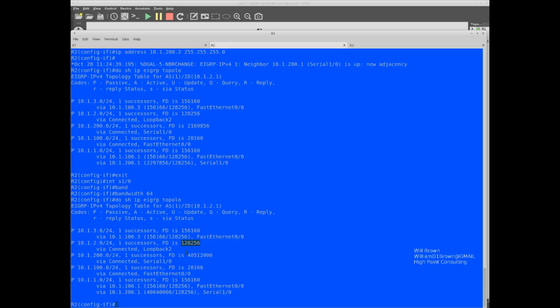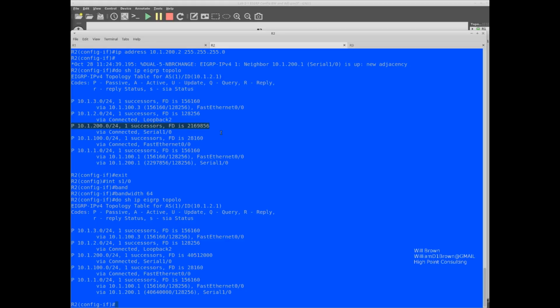So if we look now that this is on router 2, and router 2 looking at the 10.1.200 network, we see that now we have a feasible distance of 405.12.000. Previously, before I changed the bandwidth, that feasible distance to that 10.1.200 network was 216.9856.